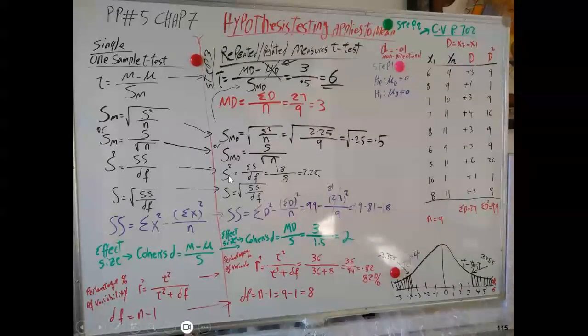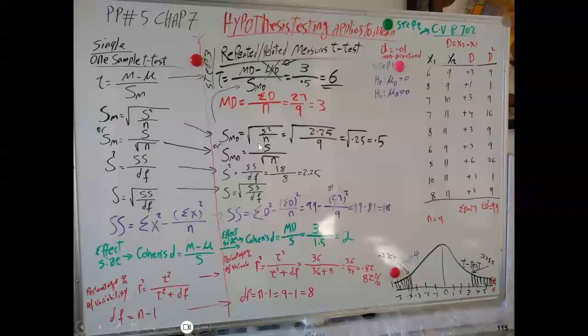We want to know what the variance is. 18 right there in the middle of the screen. SS divided by DF is 18 divided by 8, which is 2.25. That's our variance. So we want to calculate the estimated standard error of the mean difference, the square root of the variance divided by N, which is 9 participants.